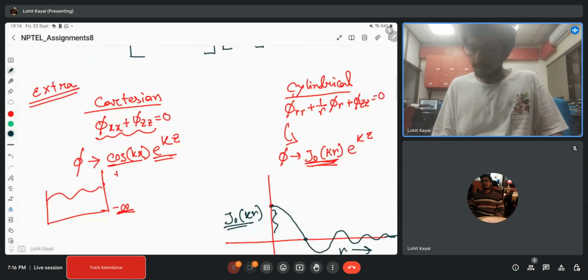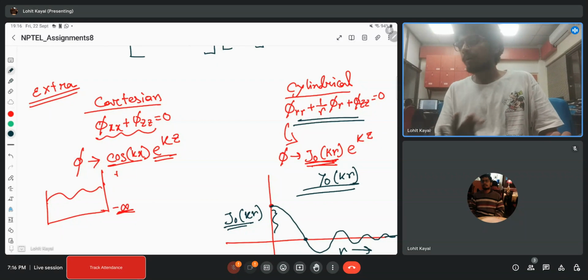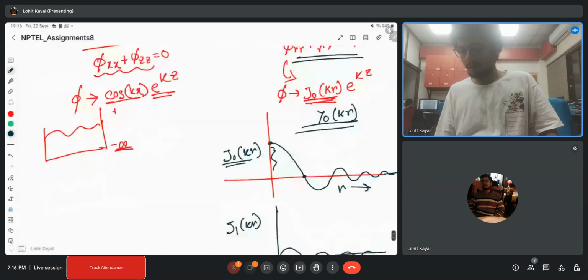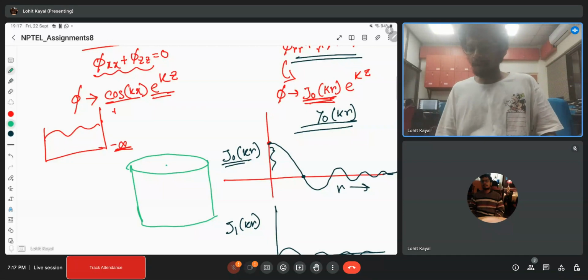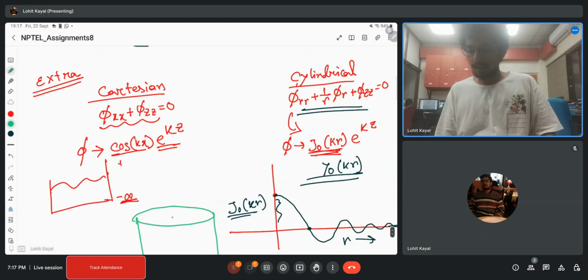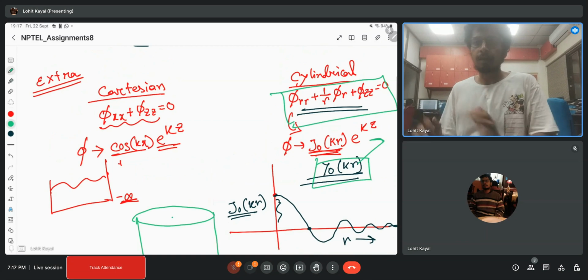Also, while solving this, if you search in Google, you will find there is also a solution called Y0(kr). This can be a valid solution mathematically, but apart from the finiteness criteria, if I draw the cylinder, the problem of Y0(kr) is that it diverges at r equal to 0, which is not physically possible. If it diverges at r equal to 0, it is not a physical solution, so we remove that part from our solution.